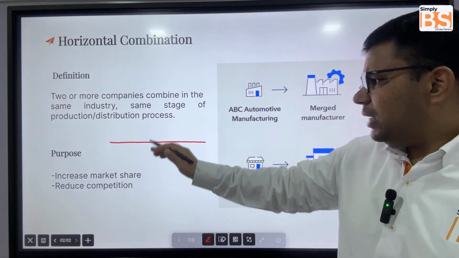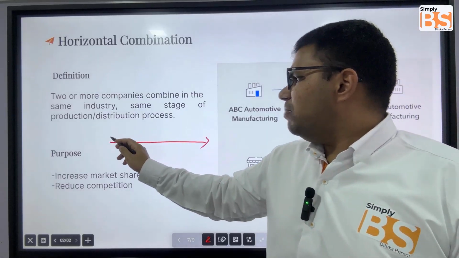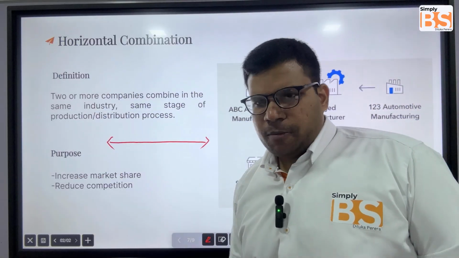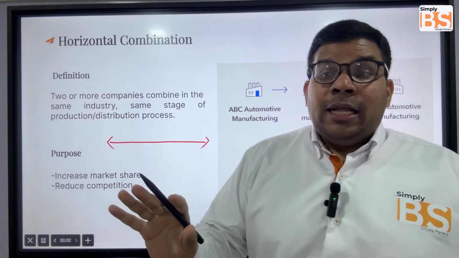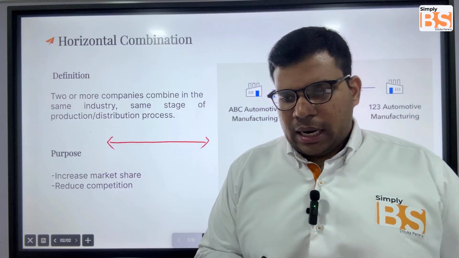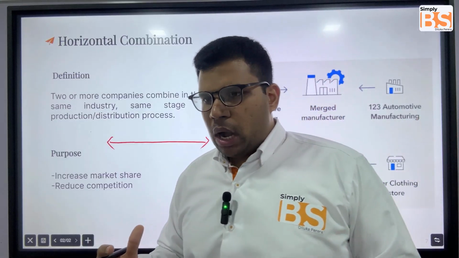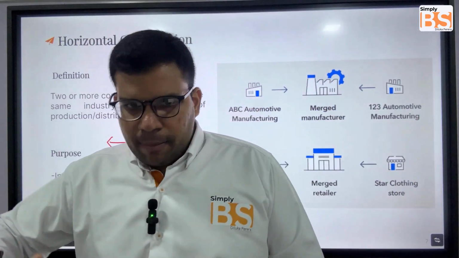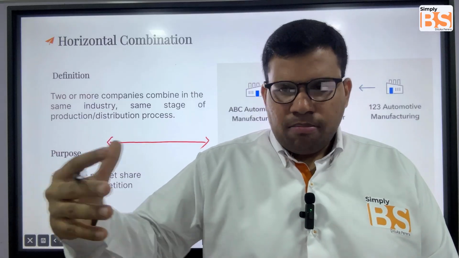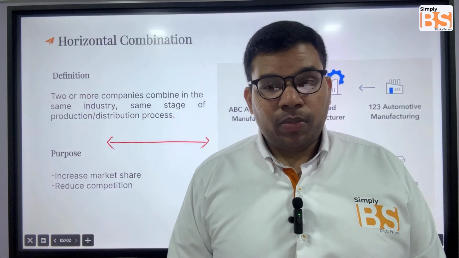Just keep this in your mind while we are digging deeper into the definition. In a horizontal combination, two or more companies are combining together, of course, either through a merger or an acquisition.